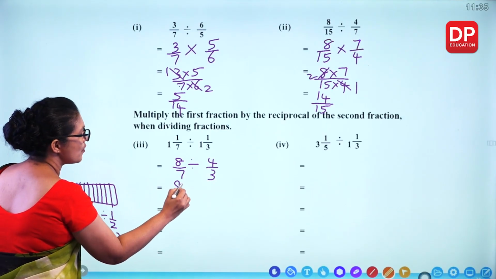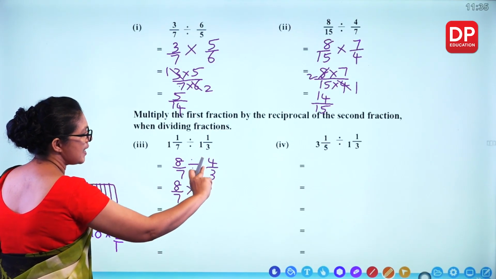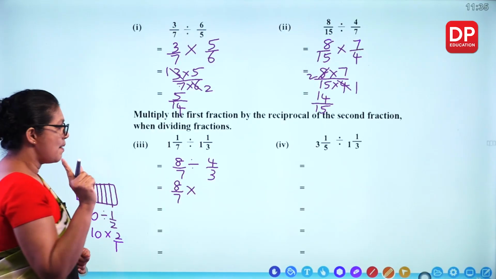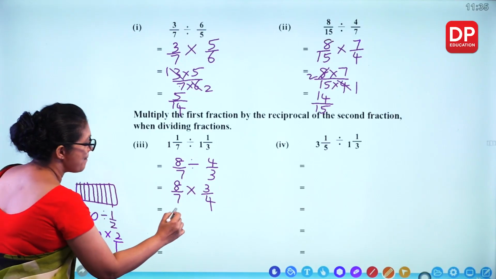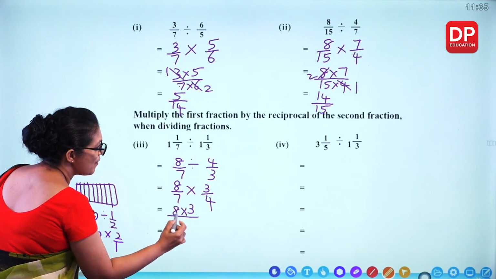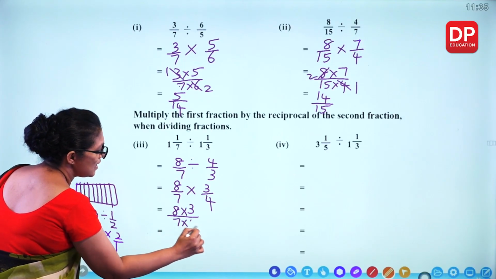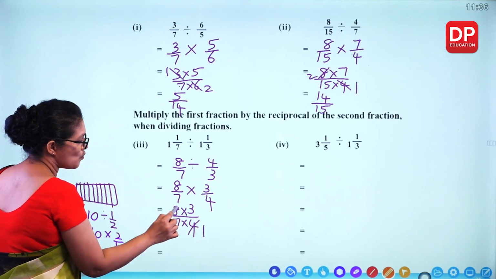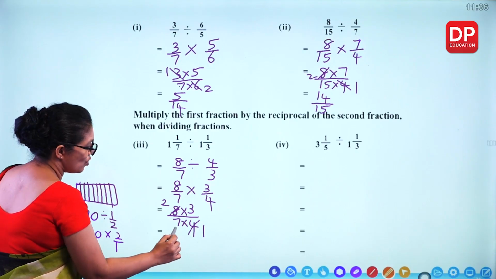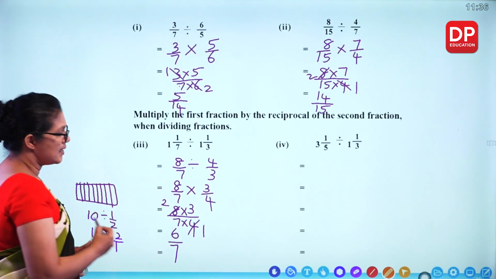Now the next step, you can change it to multiplication. When you are doing that, make sure you take the reciprocal. Now multiply the numerators separately, denominators separately. Can we simplify? 4 times 1 and 4 times 2. So 6/7.